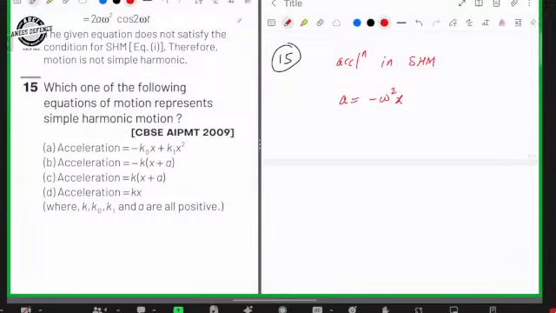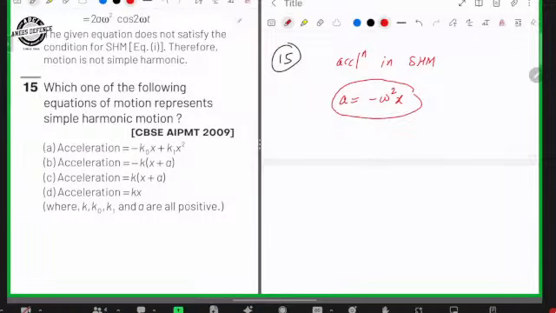Which option contains acceleration in this format?